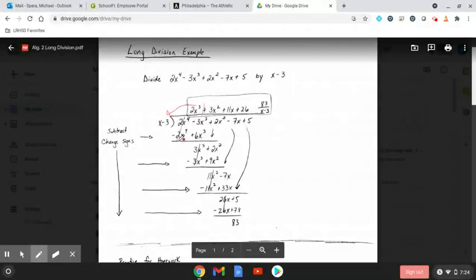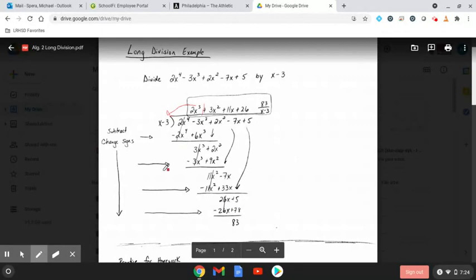You might be saying to yourself, where did this negative and this positive come from? I drew this little arrow here to say that after you multiply, you are to change the signs. You're to subtract this quantity, and by subtracting this quantity, you in fact just change the signs. You do that in every one of these steps where I drew the arrow.